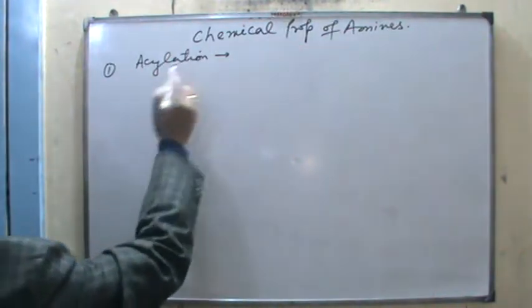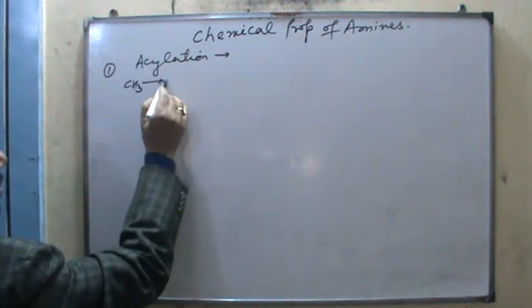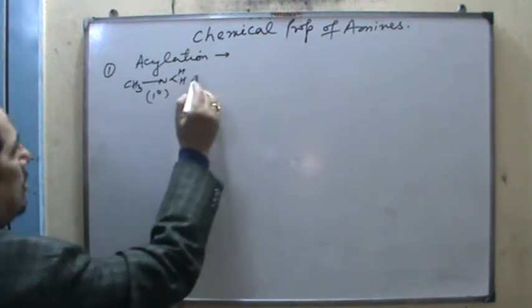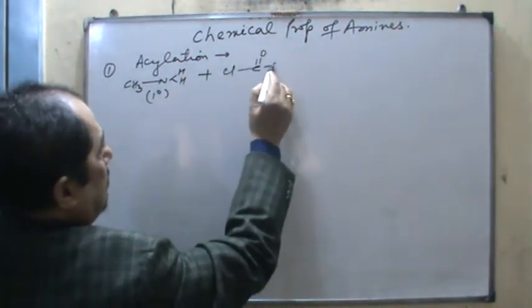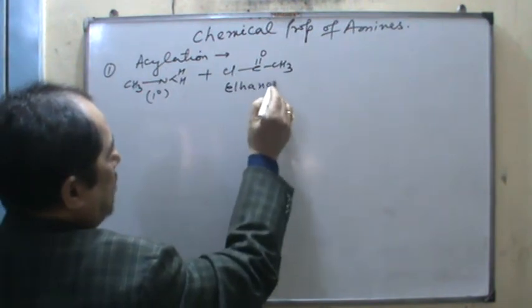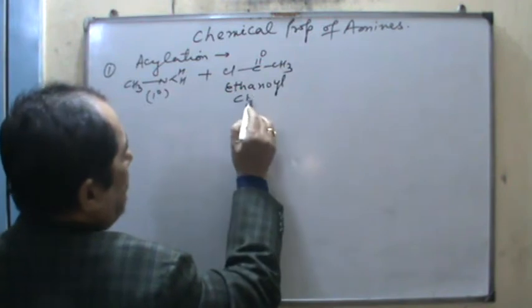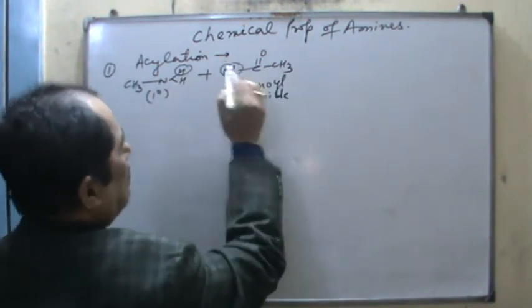See, if you take CH3NH2, it is the 1 degree amine, is made to react with ClC double bond OCH3. This is acetyl chloride or ethanoyl chloride. This H or this Cl is lost here.